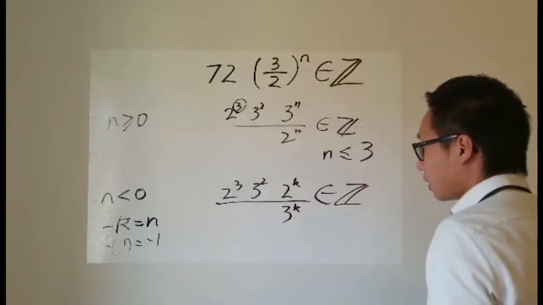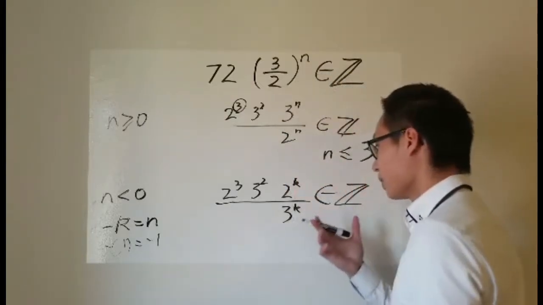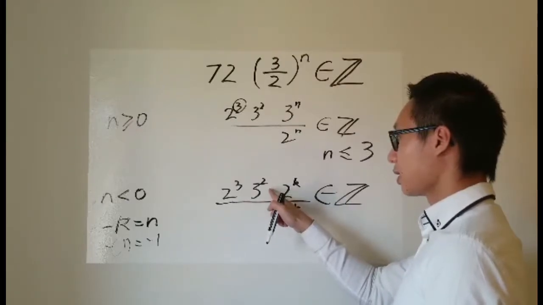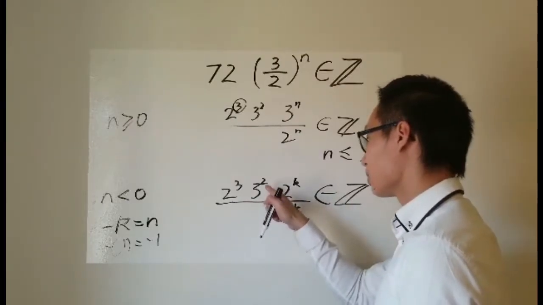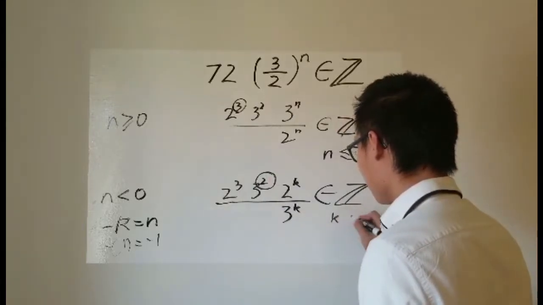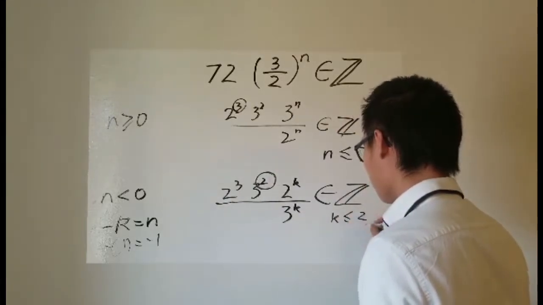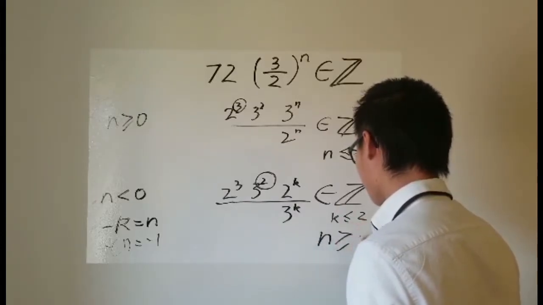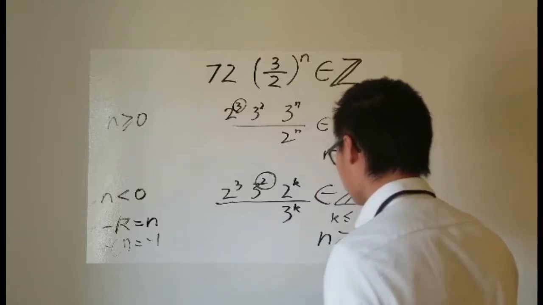So according to the divisibility rules, I need to accommodate any power of 3 on the top, and the top can accommodate at most 2 3's. So therefore, k should be bounded by 2, which means that n should be greater than or equal to -2.